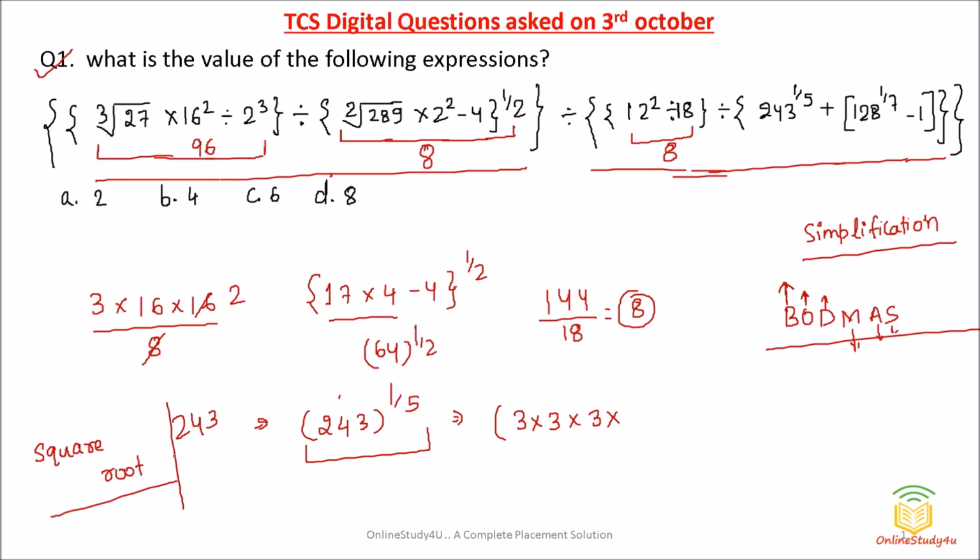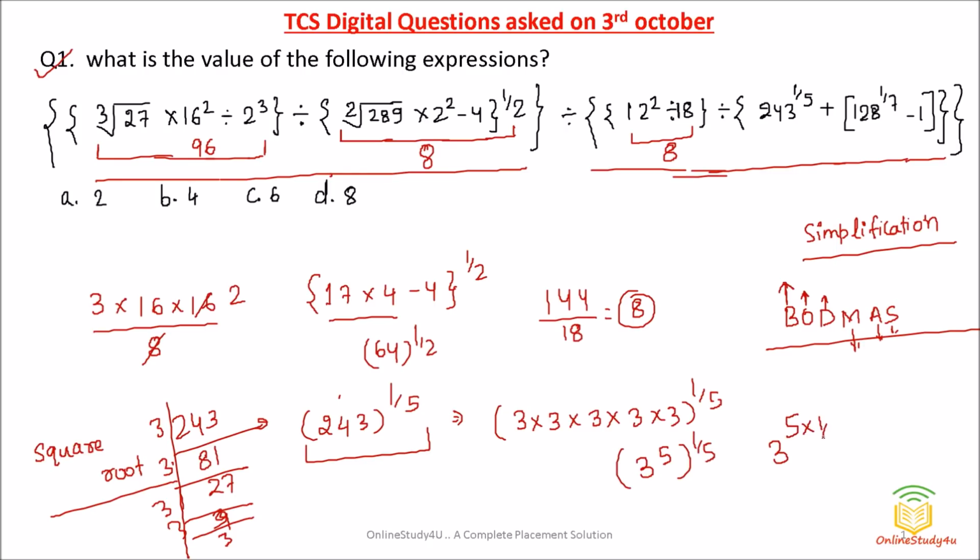This is there in my mind, so I am directly doing it, but how you are going to do it is: 3 into 81. After some practice you also will be able to do it easily. So 3 nines, then 3 threes. So it will be 3 to the power 5, basically to the power 1 by 5. So 3 to the power 5 to the power 1 by 5. I can write 3 to the power 5 into 1 by 5. So it will be nothing but 3.